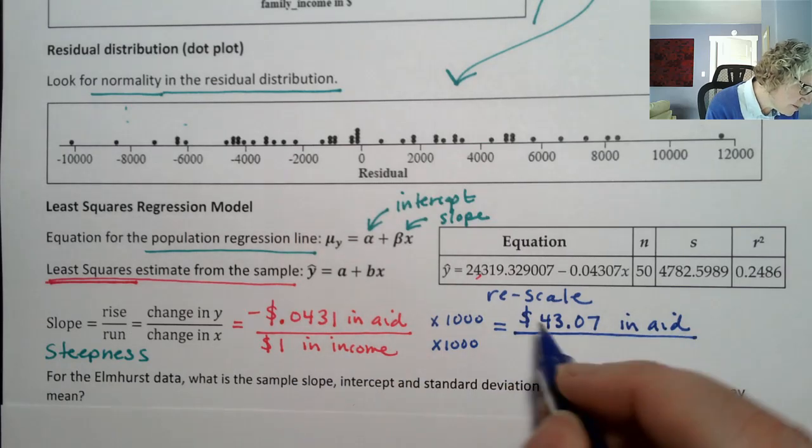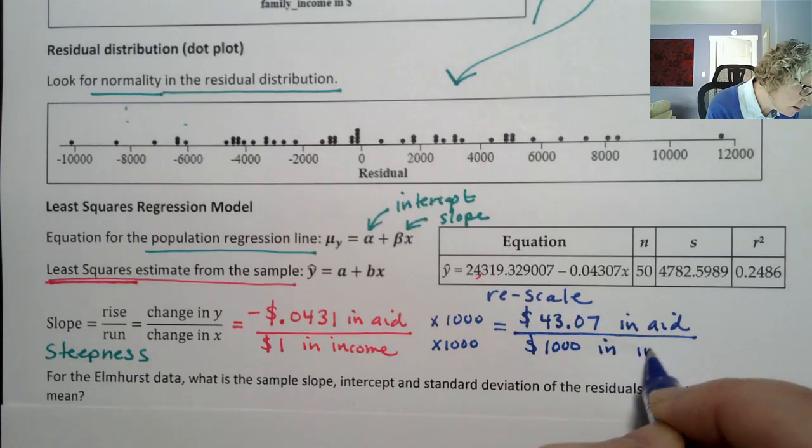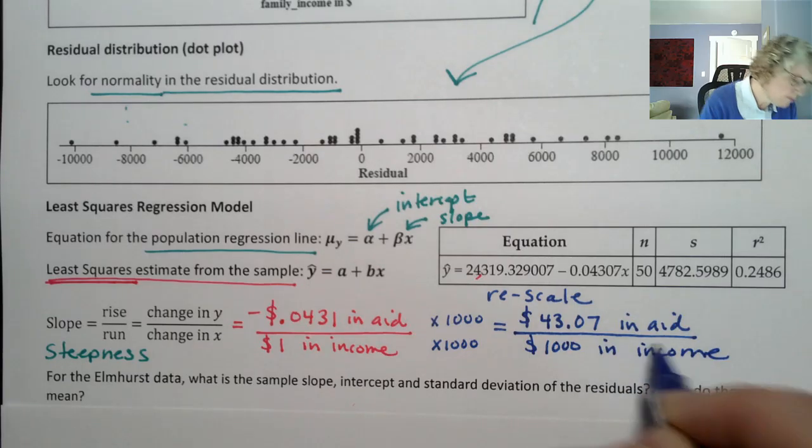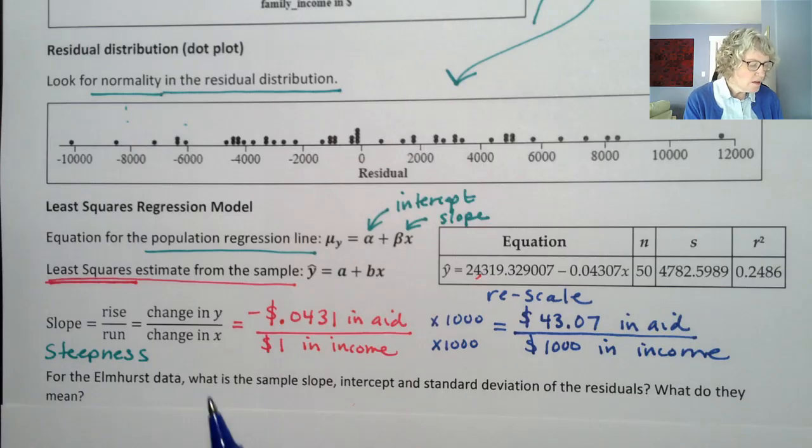over, and now 1 times 1,000 is going to be 1,000 in income. Okay, so this would be a choice you would need to make if you were interpreting and describing this data set. Does it make sense to talk about every $1 increase in income, or every $1,000 increase in income, or some other measure like 10,000?